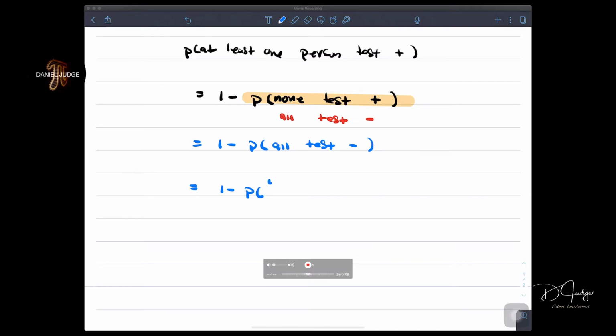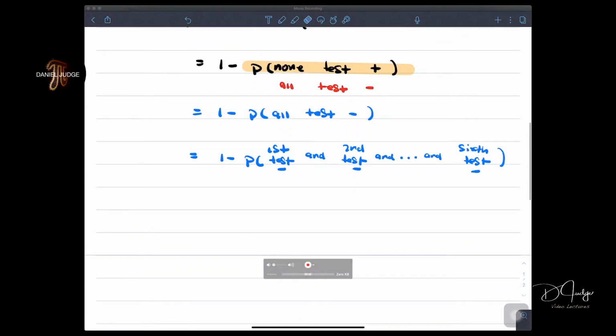So that's the probability the first tests negative, and I'll go through every detail, and the second tests negative, all the way through the 6th tests negative.